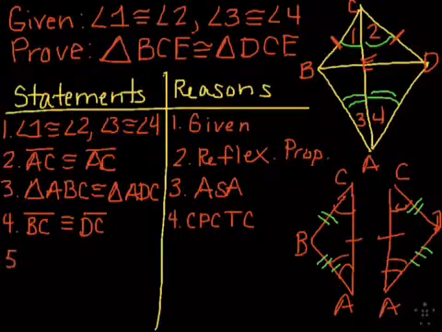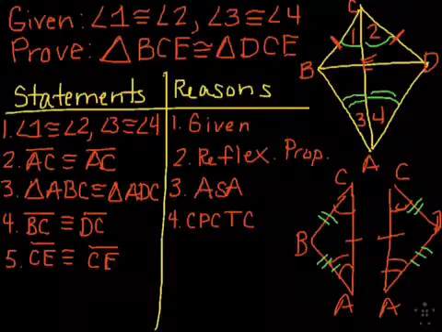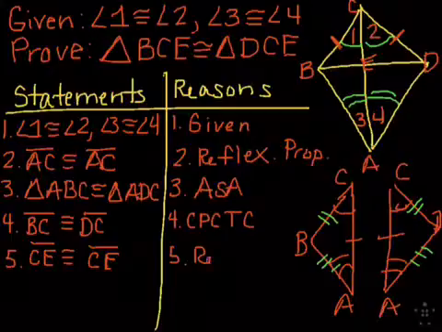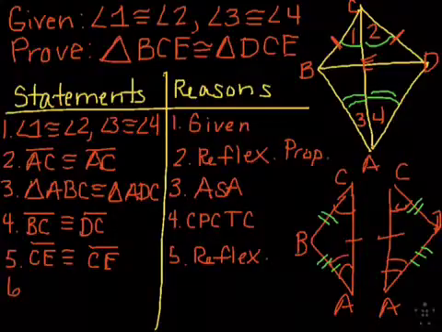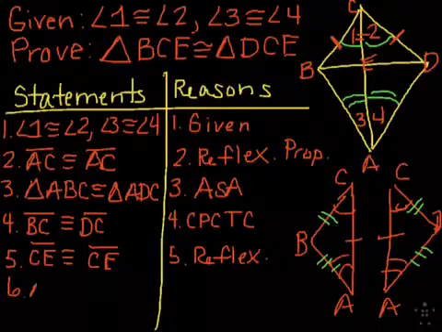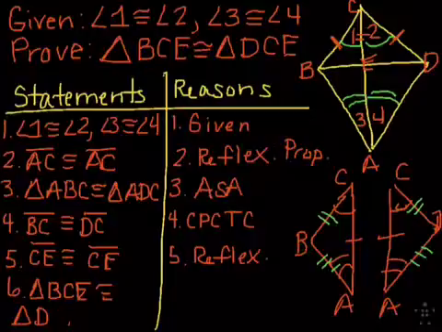And next up, I know that CE is congruent to itself by the reflexive property. And lastly, look, we have a side, an angle, and a side that is congruent. So I know that triangle BCE is congruent to triangle DCE by side, angle, side.